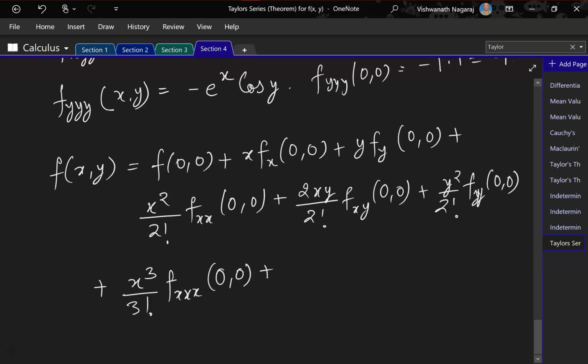Till you get comfortable, you write the standard form and then apply it in a given context.